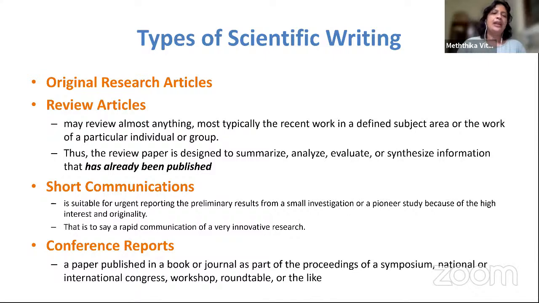So for writing review articles, you need to read like 100 papers. And there is other scientific writing called a short communication, or what we call a technical paper. When you do a research, you are making a paper out of that research. But it is not possible for you to discuss all your data in that paper, right?